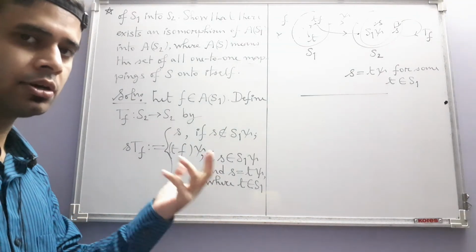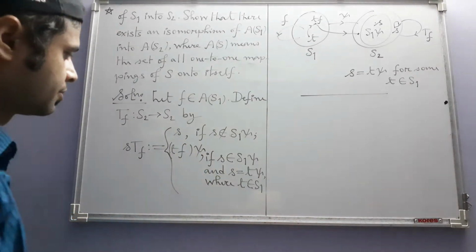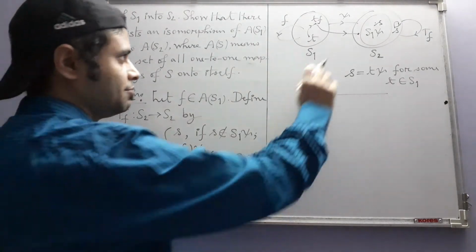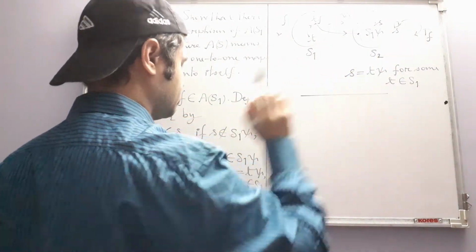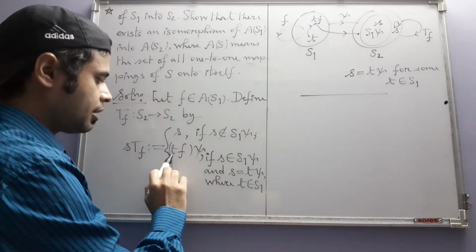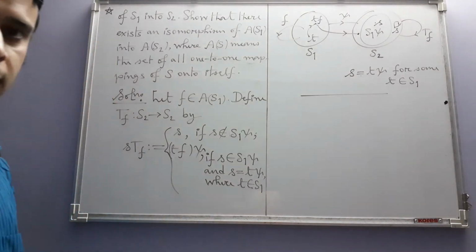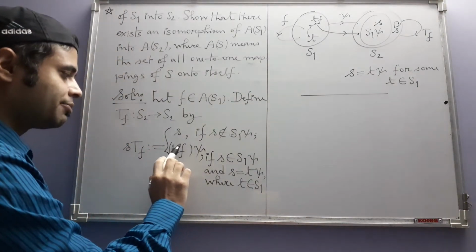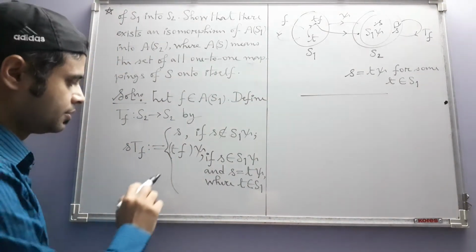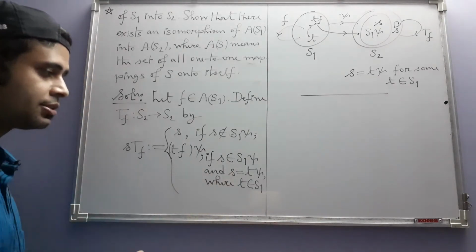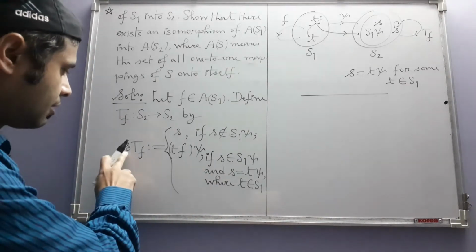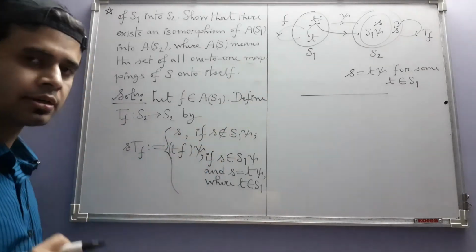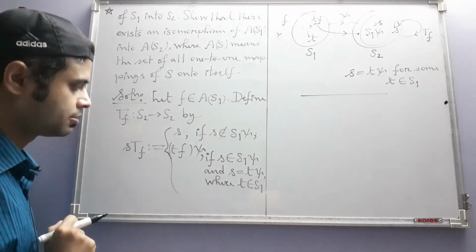But if S belongs to S1 psi, then the output depends on T, and it looks like this, the psi image of the F image of T. If T itself is not unique for our S, then there is a problem, because we may get different outputs for the single input S.